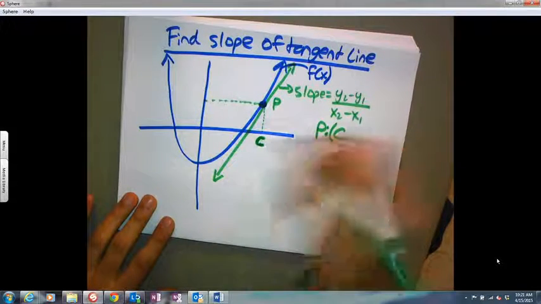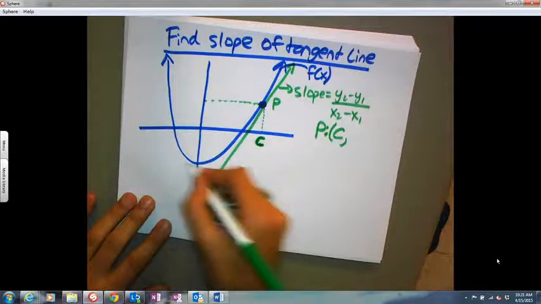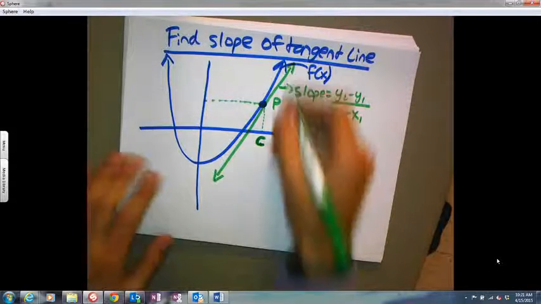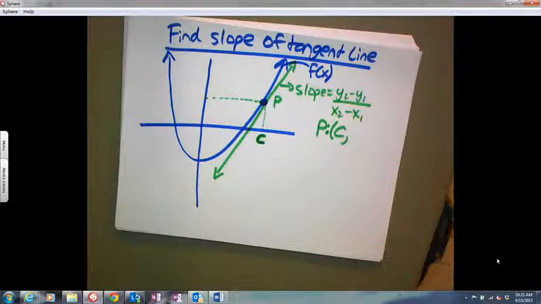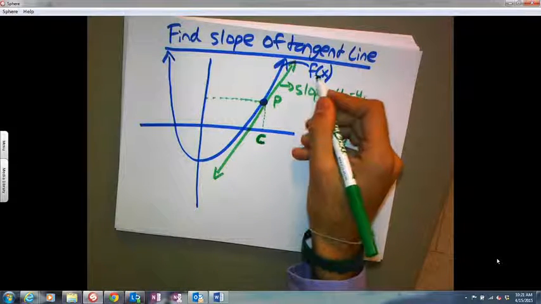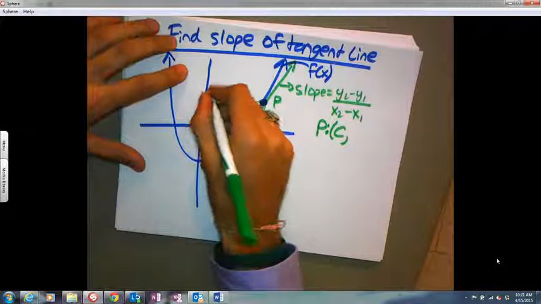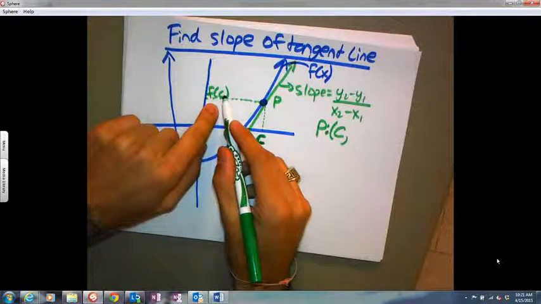I'll get the y-coordinate. So maybe if this was x squared, I would just plug in C squared, answer. Maybe this was x squared plus 8, plug in C squared plus 8. I don't know what it is, but I know that if I could just plug it into this equation, life would be good. So we'll just call this f of C. In other words, if it's 10, f of 10, f of 12, f of 18, f of whatever.